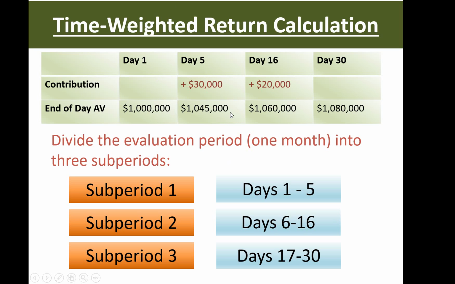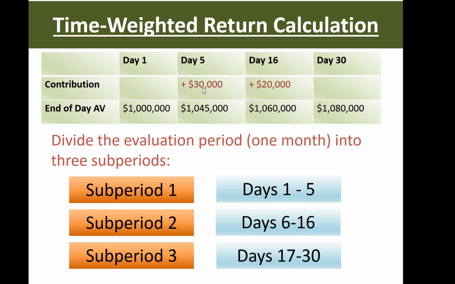And that is basically accurate, and the only one additional step is you're going to have to subtract this $30,000 from this 1.045 end of day account value here, because this $30,000 shouldn't be at all contributing to what the performance was for that time period.